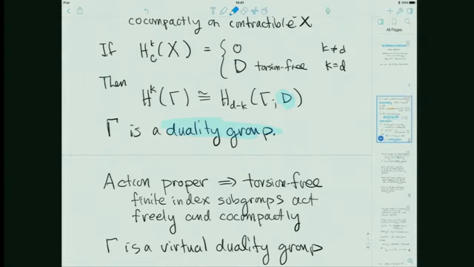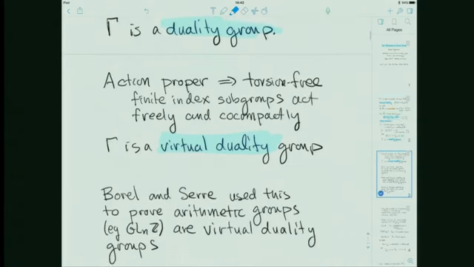And if you have this condition on the cohomology with compact supports, you get that this torsion-free subgroup of finite index is a duality group, in which case you say that gamma, the whole group, is a virtual duality group. So you may have to pass to a subgroup of finite index, but you get some form of duality.